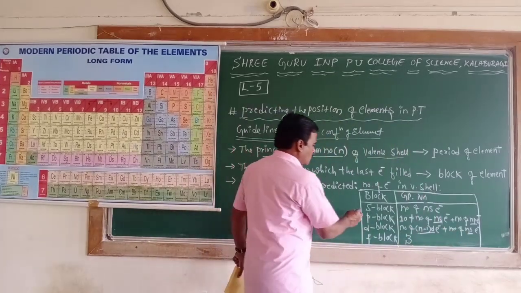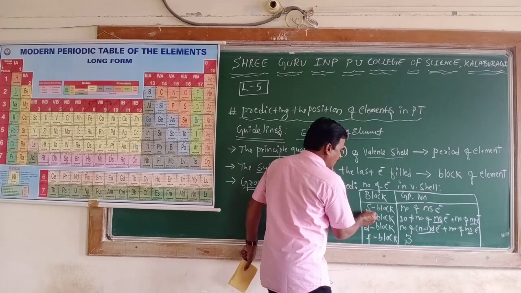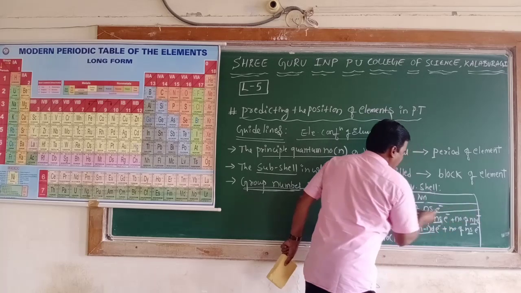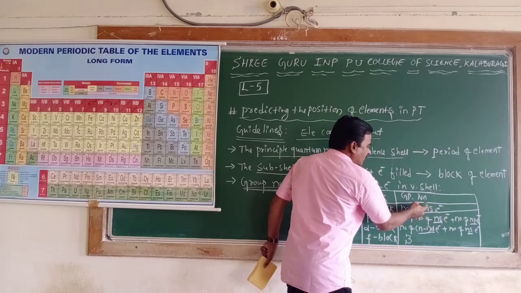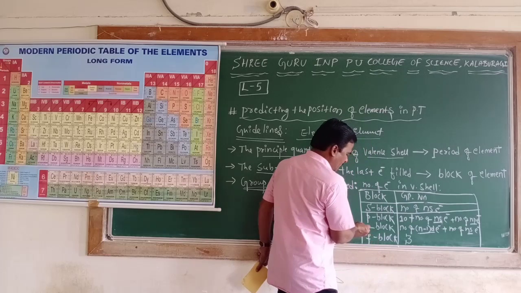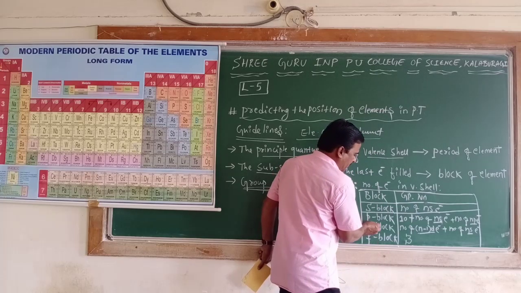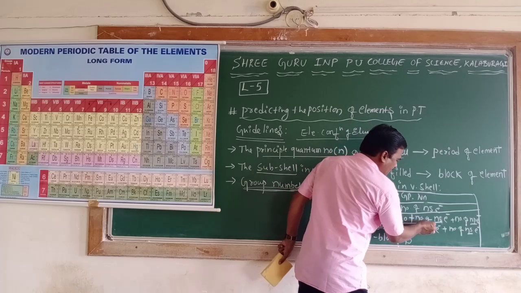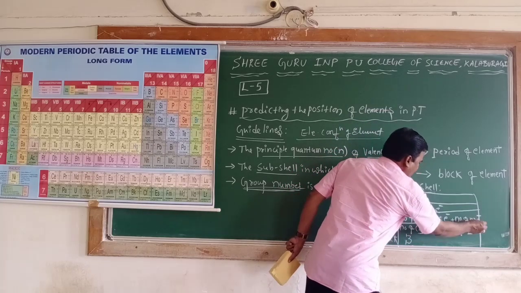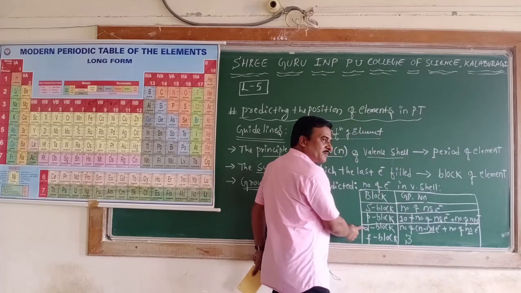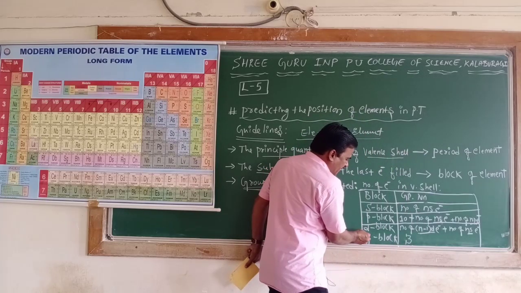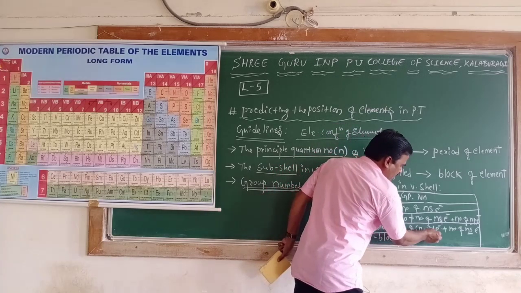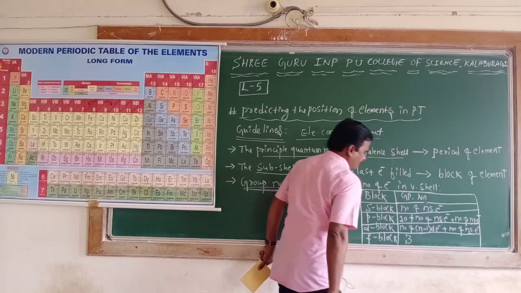So I will go through this once again. For the s block, the group number is predicted with the help of the number of ns electrons. For the p block, the group number is 10 plus the number of ns electrons plus the number of np electrons. For the d block, it is the number of (n-1)d electrons plus the number of ns electrons.